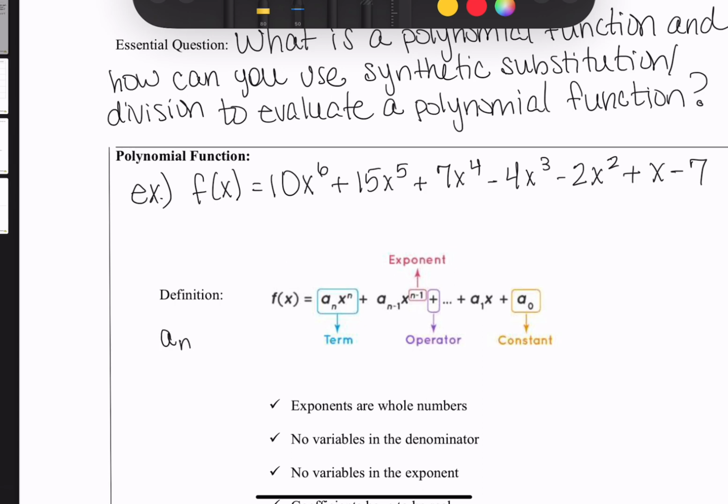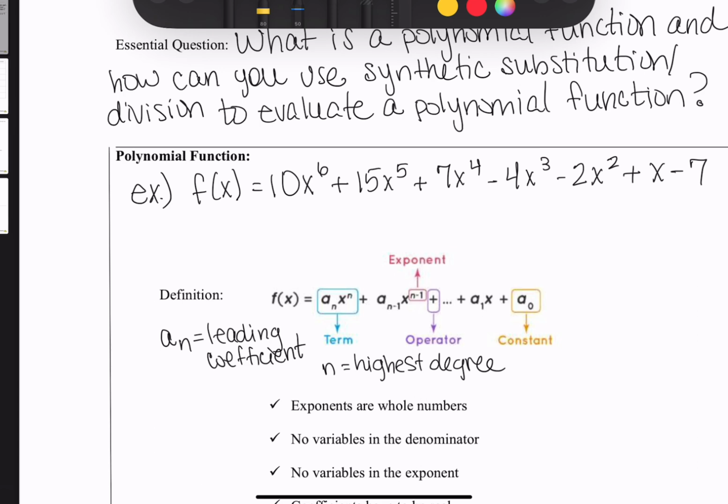A sub n happens to be your leading coefficient, because n is your highest degree, and the coefficient in the term with the highest degree is always your leading coefficient. And then at the far right here, we have our constant. A sub 0 is your constant. Notice it has no variable next to it.